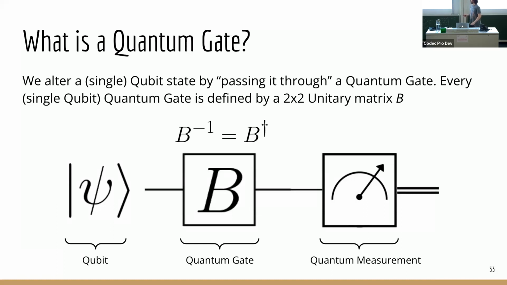And every single-qubit quantum gate is defined via a 2x2 unitary matrix V. So in a circuit diagram, what you will see is we have our qubit state. We have it travel along this wire, again, metaphorically, and it will pass through this square in the diagram, which represents some sort of quantum gate where we change the qubit, and then it can continue on to be measured.